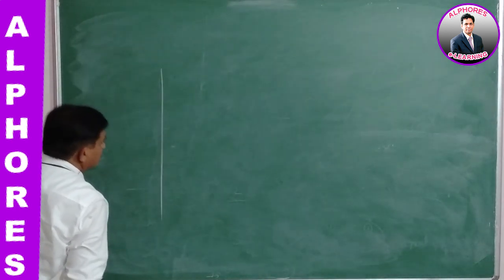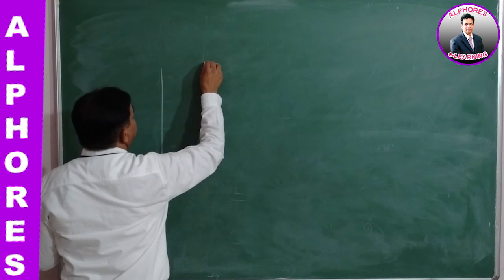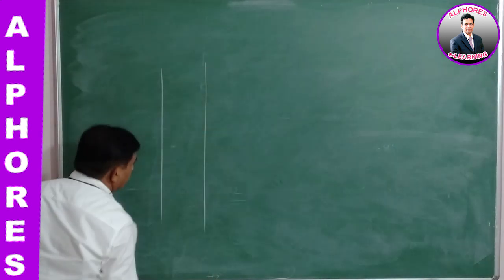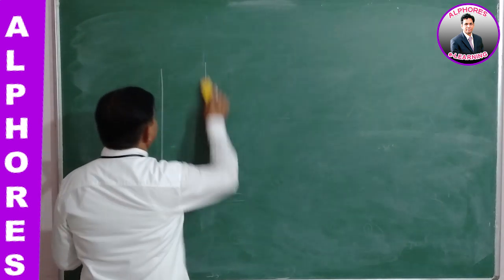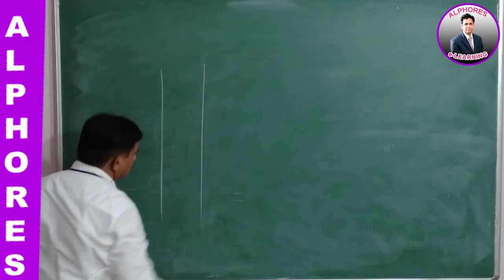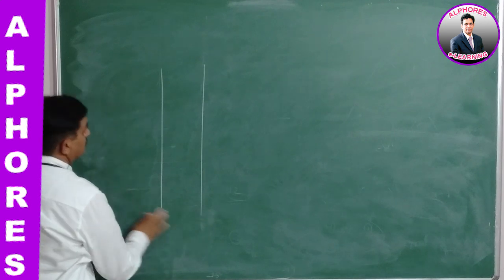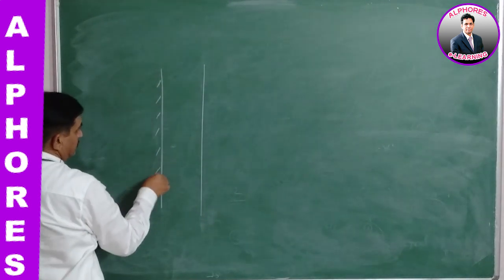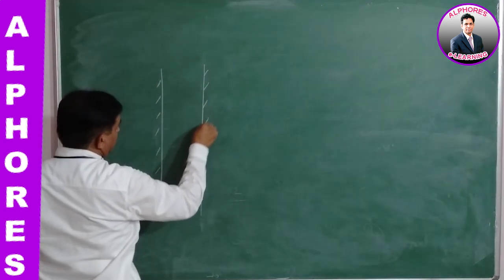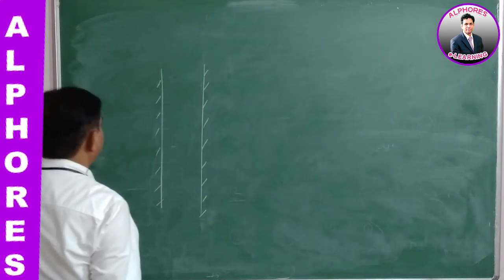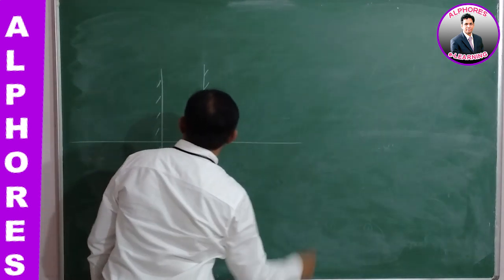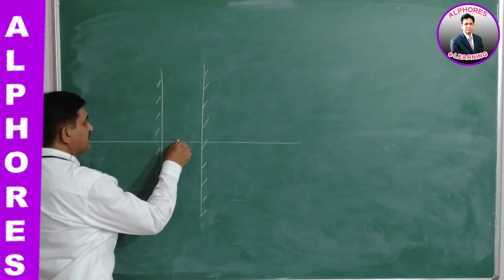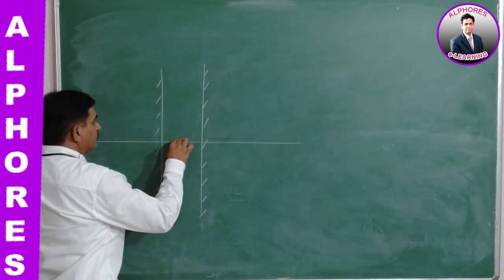There are 2 plane mirrors which are large enough and kept parallel to each other. Okay, now an object is kept in between these 2 plane mirrors.